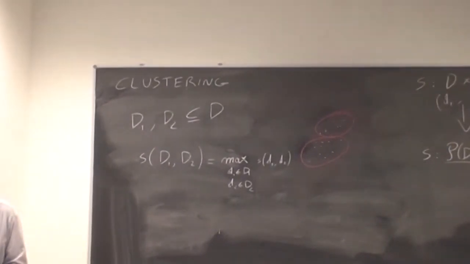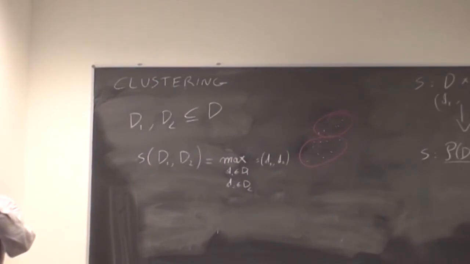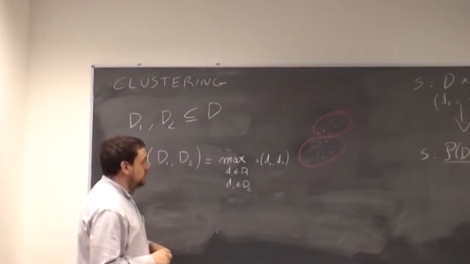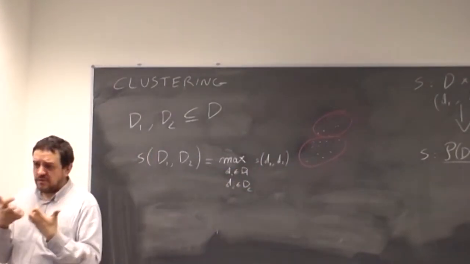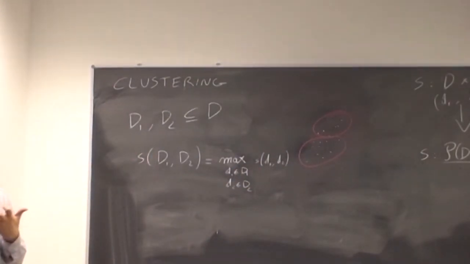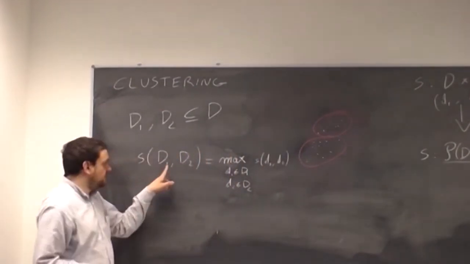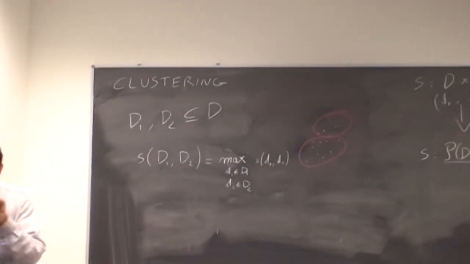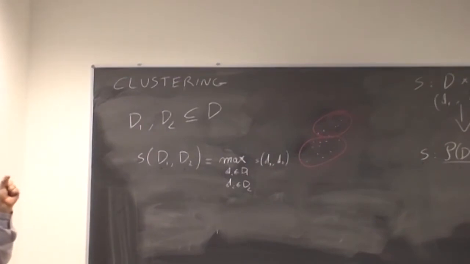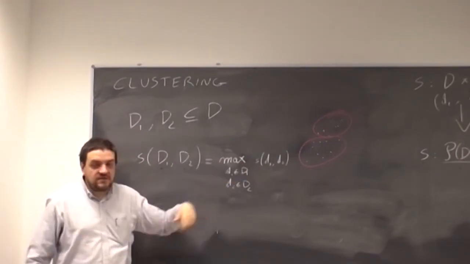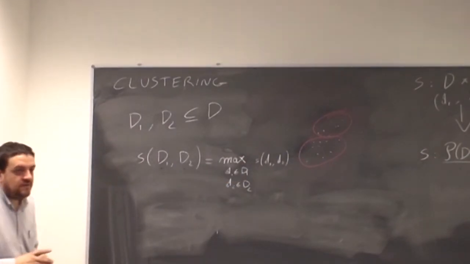In order to have the distance between two sets of points, you take the two closest elements, and these define the distance. So this represents how close the two sets are able to come to each other. Of course, if D1 and D2 contain one common element, so they are not separate, then of course the similarity is maximum because you take the same element twice.